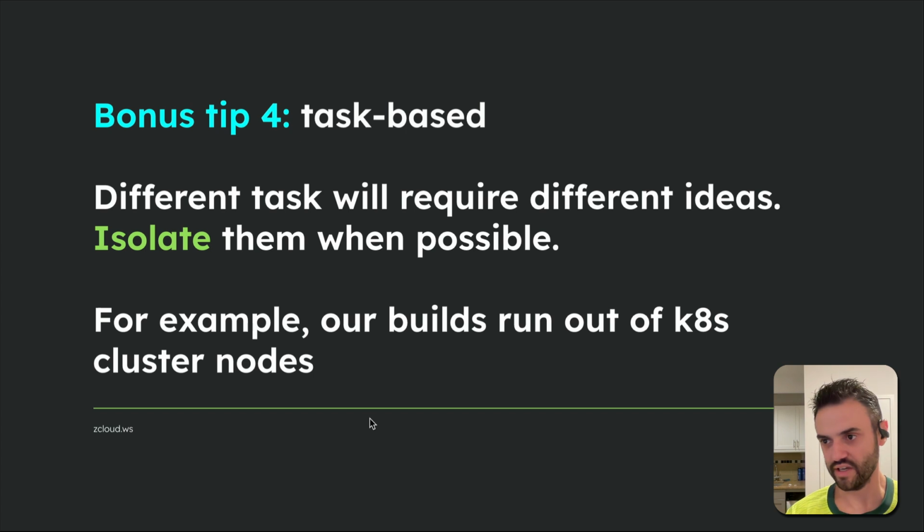And try to isolate, don't run in the same machine or in the same VM, because you can also run VMs on top of your bare metal machines, so you don't need to hire VMs to run VMs. But don't do everything in the same VMs or in the same machines. Try to isolate the work because tasks have different characteristics and that could cause problems. For example, we run our builds out of our cluster with Kubernetes.